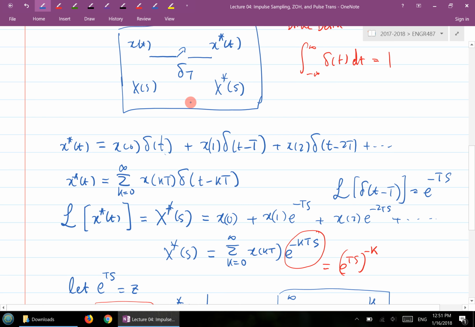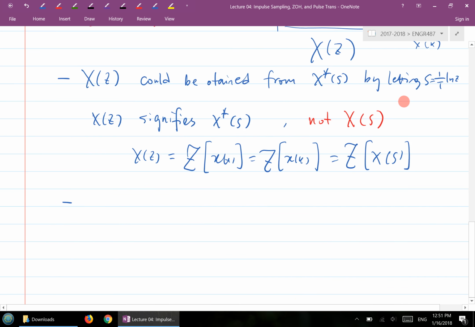I won't give a proof; there is a very lengthy proof in the textbook. Your x star of s is connected to the x of s by this formula here.